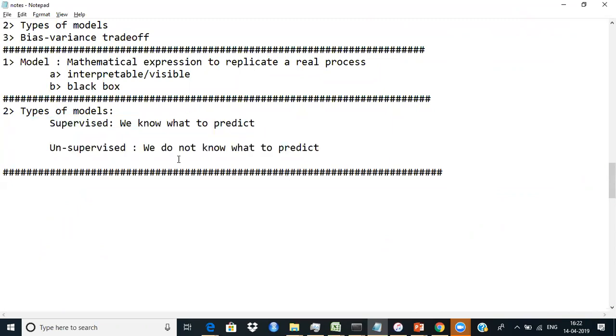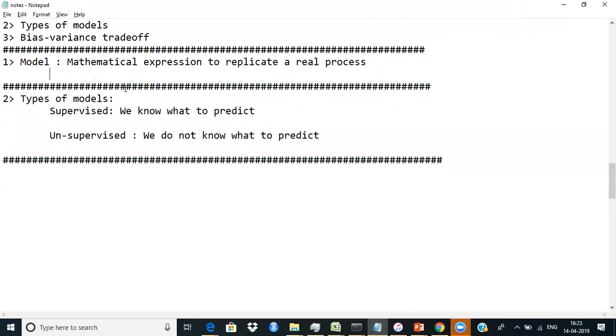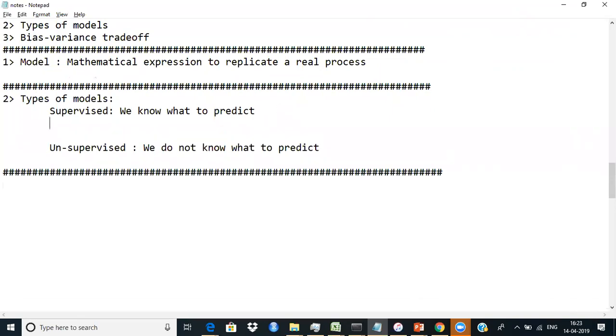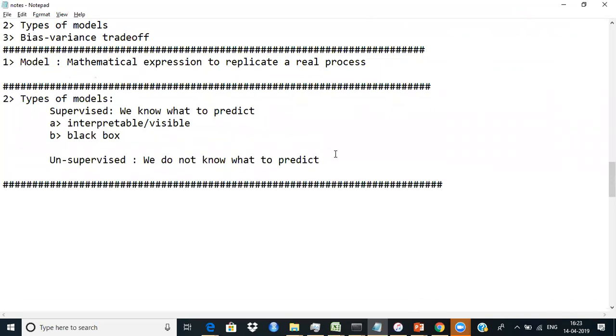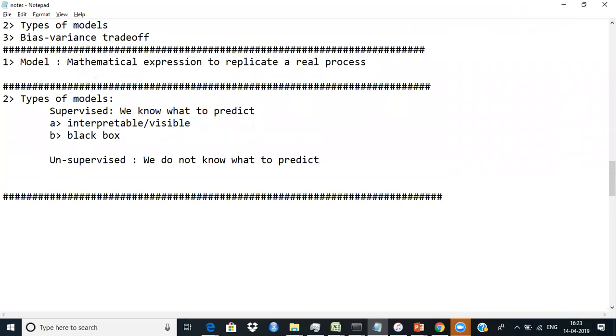Now tell me, are these two concepts clear? Interpretable is basically a subtype in each. So interpretable and non-interpretable are features of a particular algorithm, and these are broad business problems.